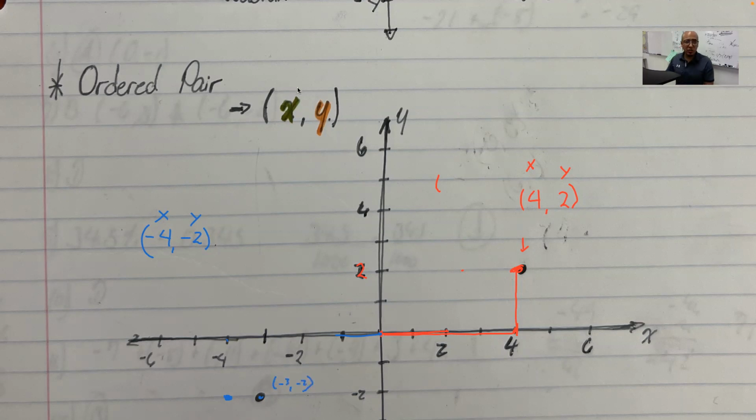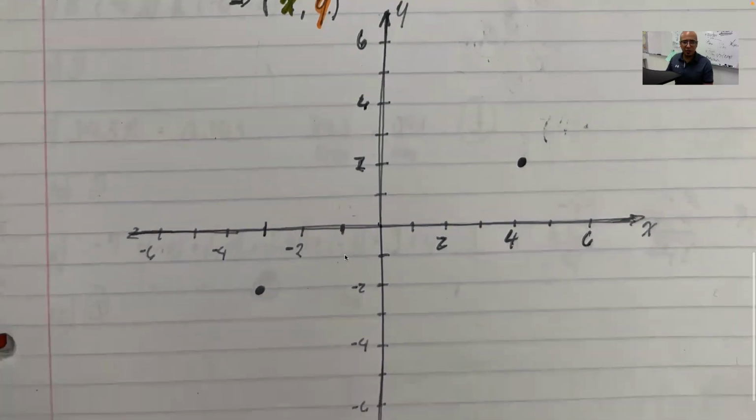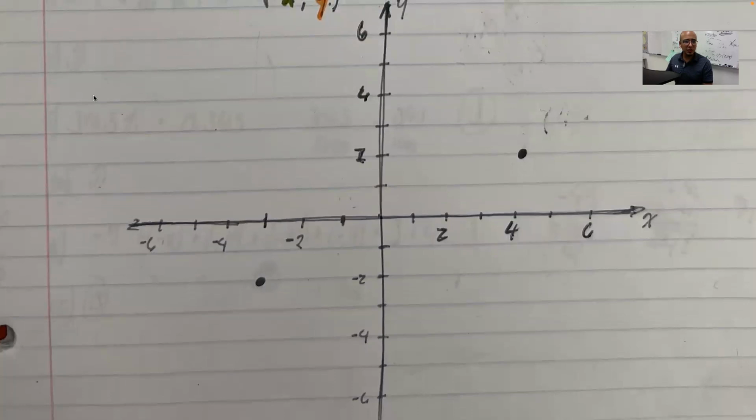And that's pretty much how it works. So you can see, ladies and gentlemen, that if I were to put a point on each of the different quadrants, there's already this point right here, this point right here, and this point right here. So this would be (4, 2). This would be (-3, 2), negative 3 and then up, positive 2.